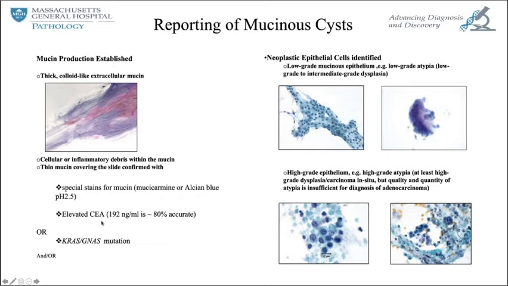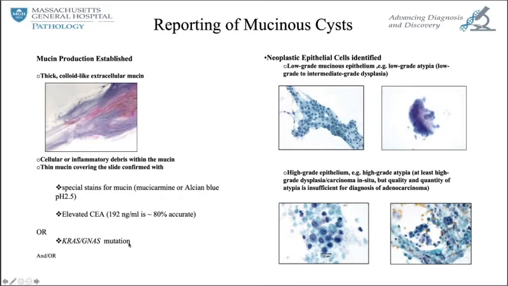For example, if you have thin fluid with no epithelial cells, but an elevated CEA, you could classify it as a neoplastic other cyst, just explaining that you are doing so based on the CEA and not necessarily on the cytology.